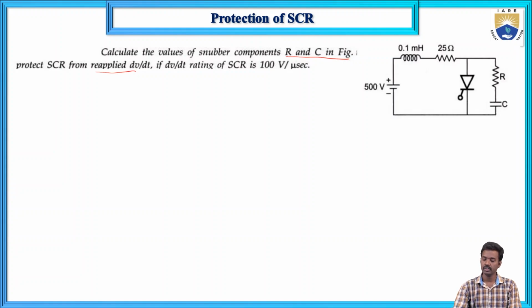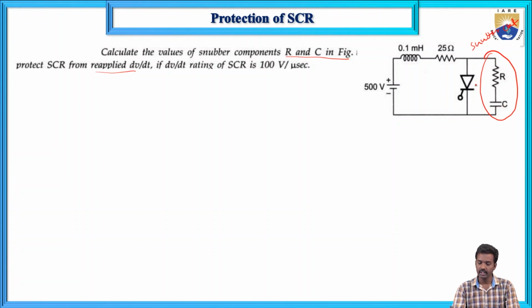So now this is the circuit diagram. This is the SCR, and it can be protected by this snubber circuit. The snubber circuit R and C is connected across this. Here L equals 0.1 millihenries, and this resistor is R, and the supply voltage Vm equals 500.